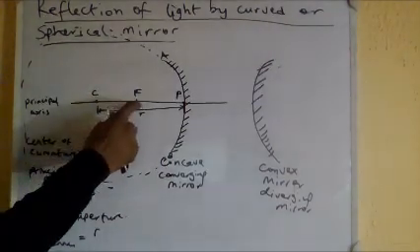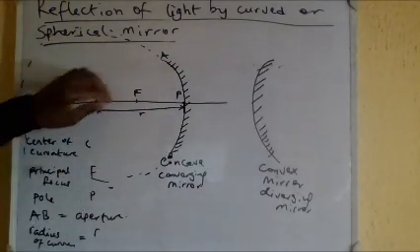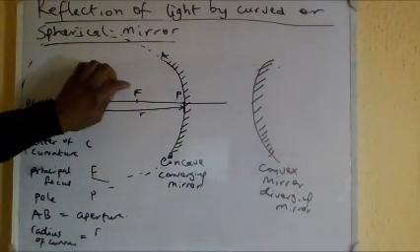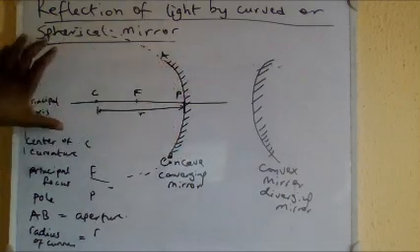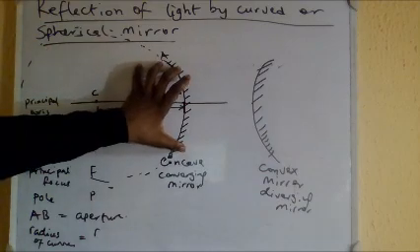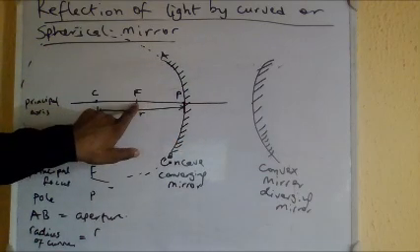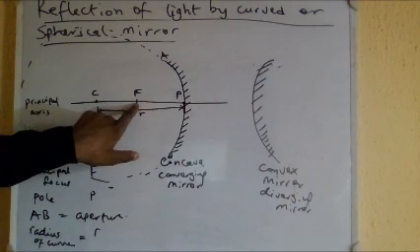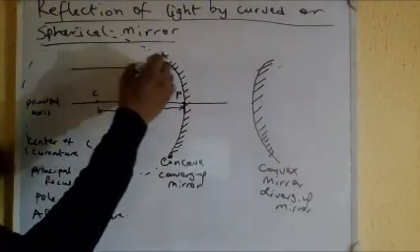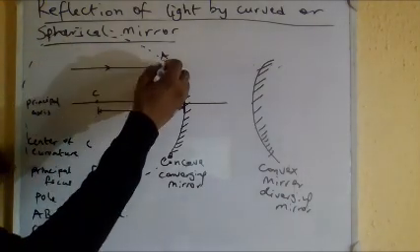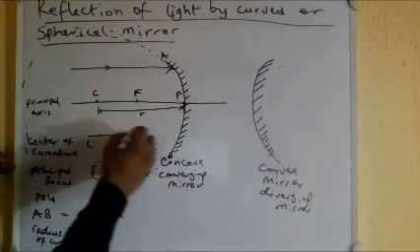Principal focus F. This principal focus is the point in this concave mirror where rays parallel to it appear to converge after reflection. So if, for instance, now I have rays, I will just do maybe two. This one goes in like this, and this one goes like this.